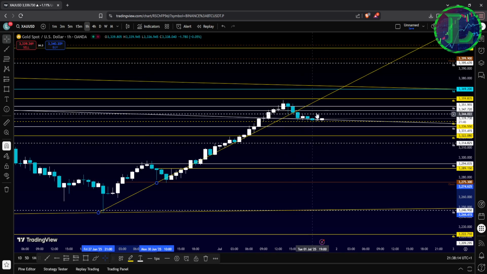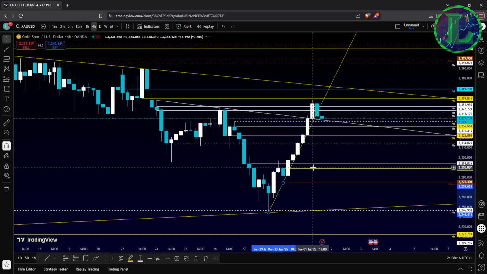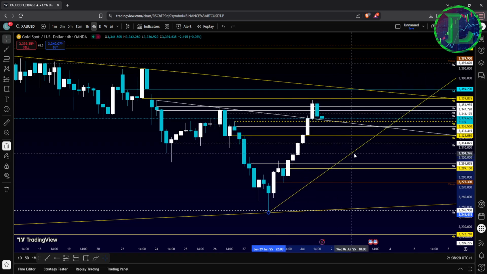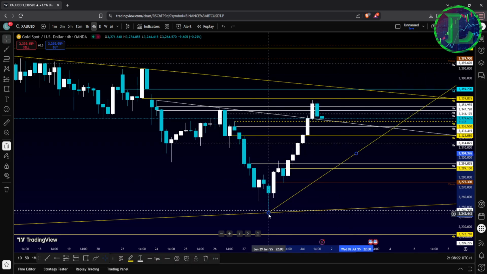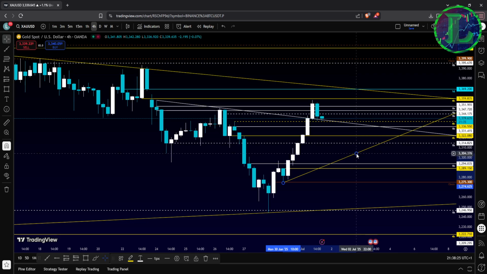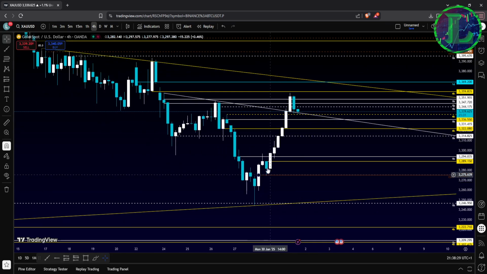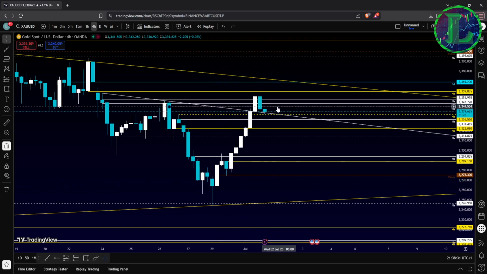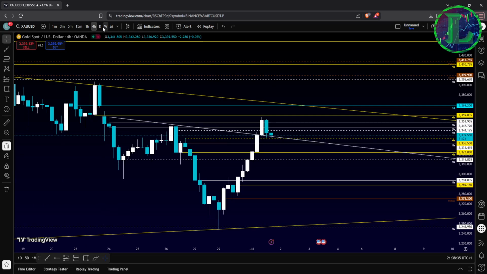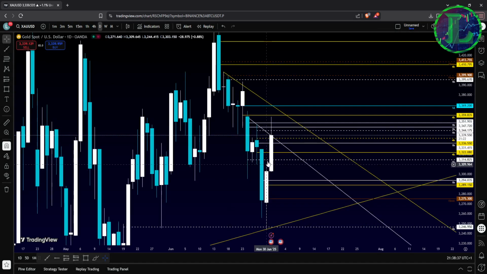Okay, it's trying to break down. The only problem here is that on the 4, we can actually come down a little bit. And maybe since we did not test this 4, create some range trend in the future. Okay, so the main point here with this trend is just to control if we are going to keep the uptrend or not, because on the daily we are already above this candle here that can turn, let me just mark that, into support.